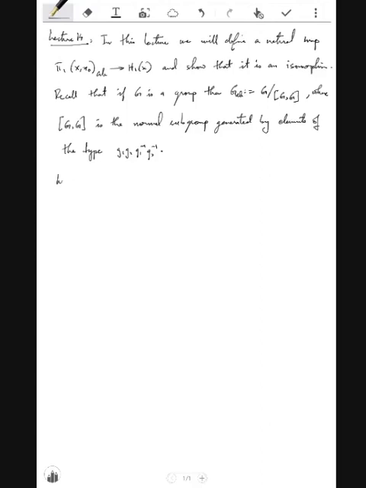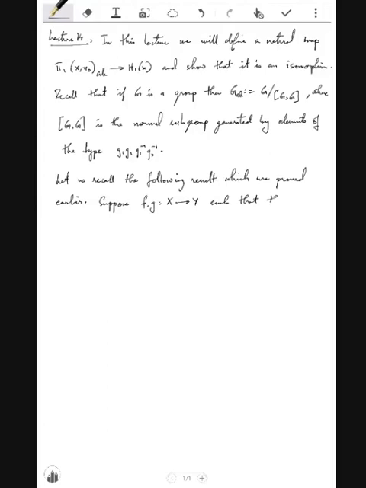So let us recall the following result, which we proved earlier. Suppose f and g are two maps from X to Y such that they are homotopic.